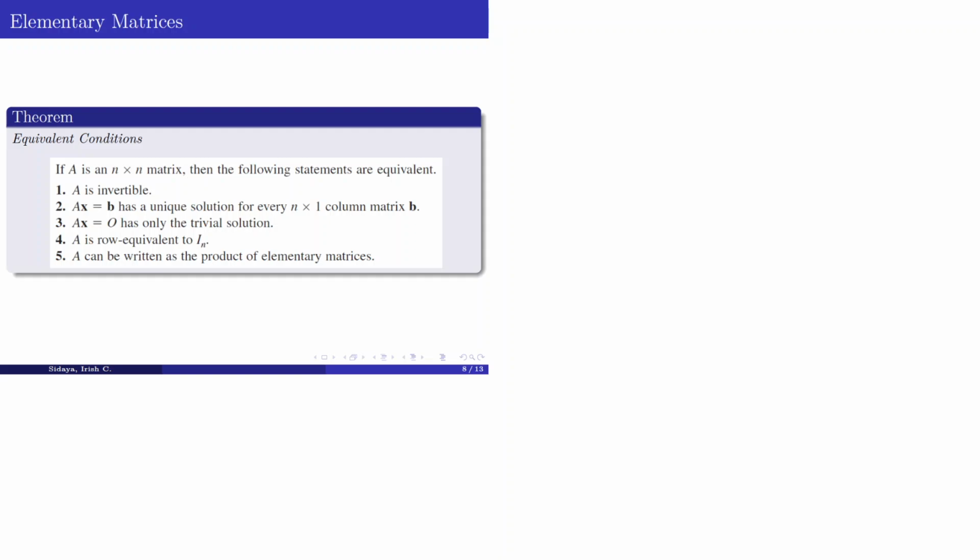Next, the equation AX equals B has a unique solution for every n by 1 column matrix B. Next, AX equals the 0 matrix has only the trivial solution. And A is row equivalent to the n by n identity matrix. And lastly, A can be written as the product of elementary matrices. The proof of this theorem will be left as an exercise.